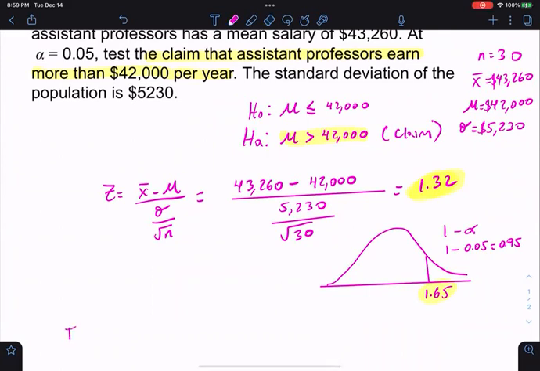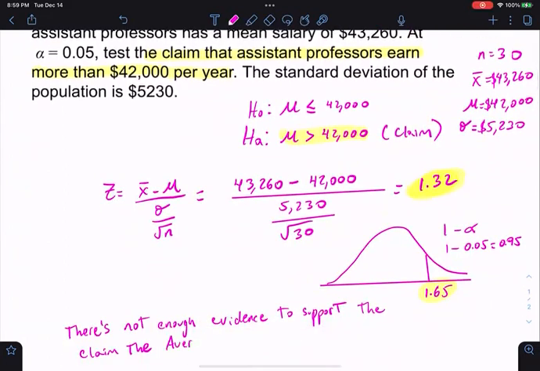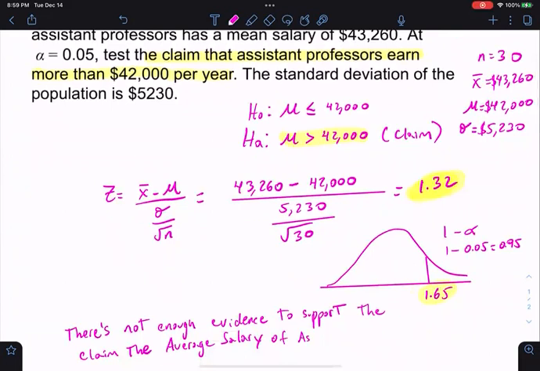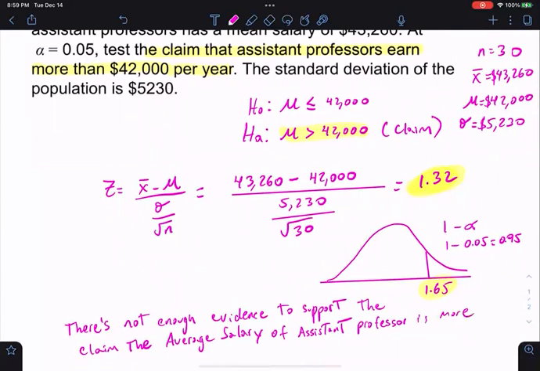You can say, there's not enough evidence to support the claim that the average salary of assistant professors is more than 42,000, right? Okay, that's what you need to say. So that's it. That's what you need to do.